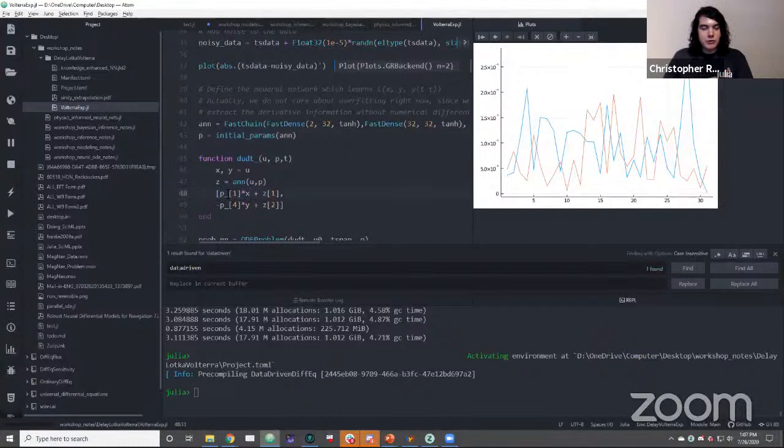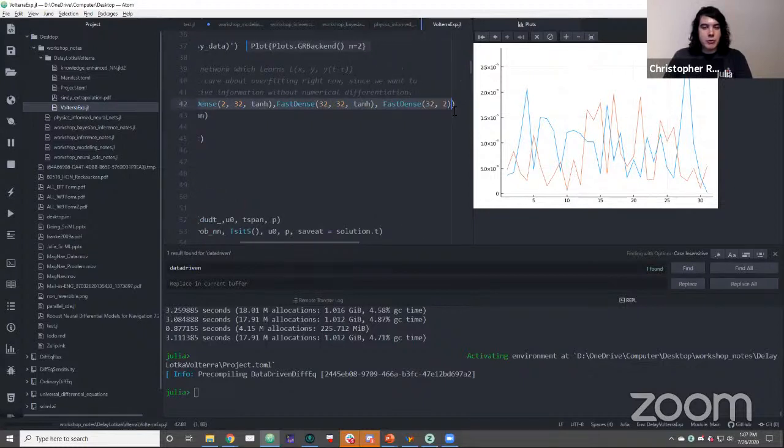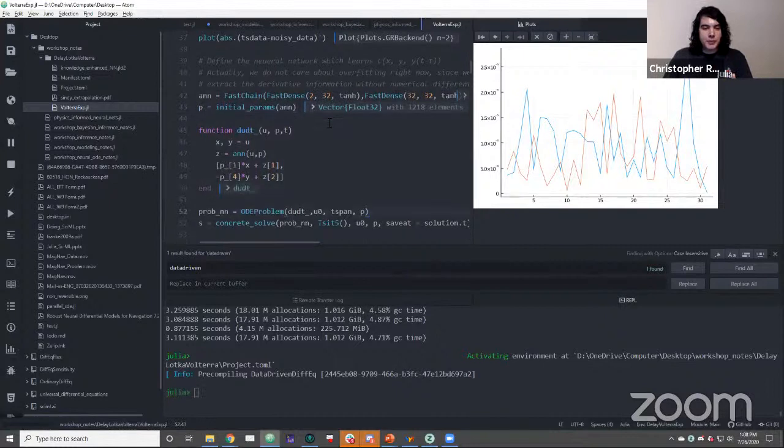I know the parameters for here, I know the parameters for here, because I know the reproduction rate of the rabbits and I know the competition rate of wolves. And now I have an artificial neural network that then gets added to the derivatives of these equations. This artificial neural network is defined by one of these chains. So it's very similar to what we did before, where our P is going to be the initial parameters of this neural network.